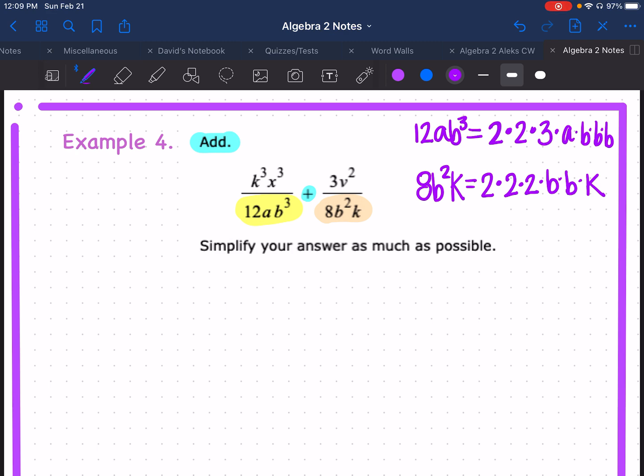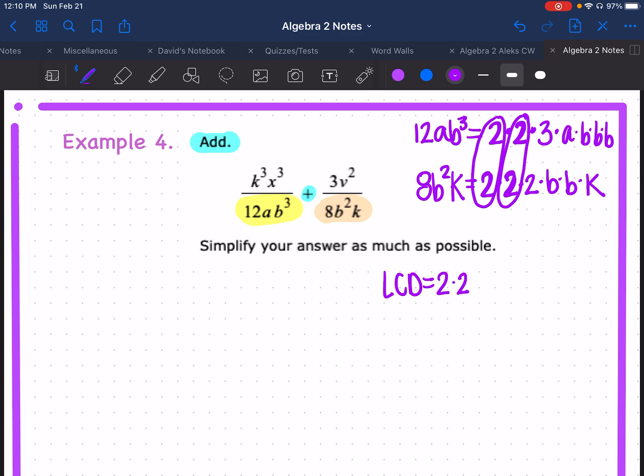Well, they both share a 2 at the very beginning, and then they both share a second 2. So these two 2's and these two 2's are only going to go into the LCD once. So I'm going to say LCD is 2 times 2.